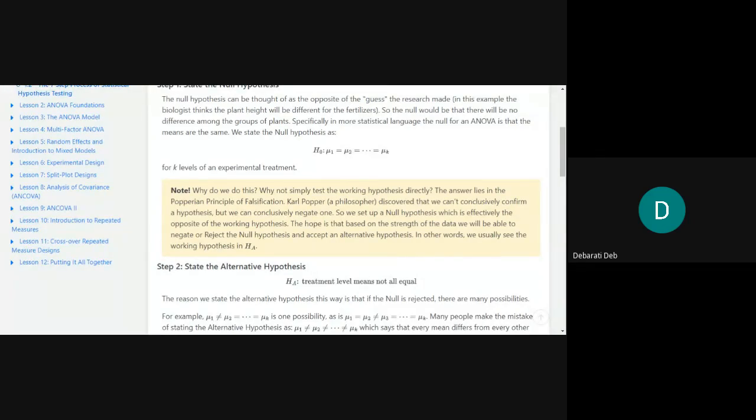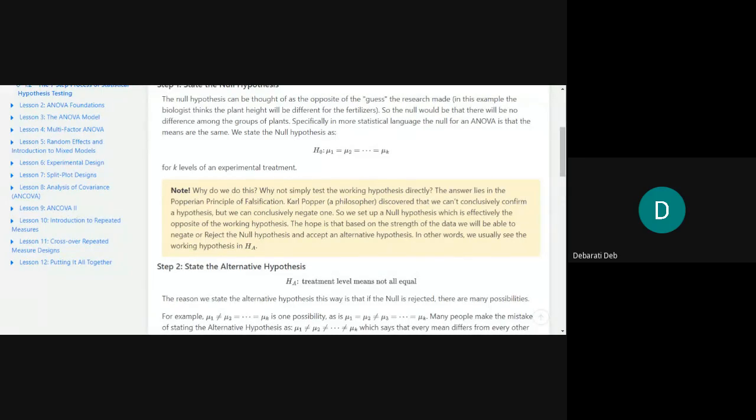So this philosopher named Karl Popper discovered in his work that we cannot conclusively confirm a hypothesis. We cannot go in a direct way. It's like we are doing it by bending the stick. We cannot directly confirm a hypothesis, but we can conclusively negate one. That means if you are stating that there is no difference among the group of plants, then our task will be to negate it, that means to prove it wrong.